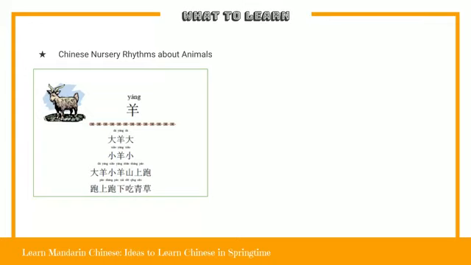Very simple, but quite easy for the kids to learn. If you want to follow me, you can read after me. 大羊大，小羊小，大羊小羊山上跑，跑上跑下吃青草.